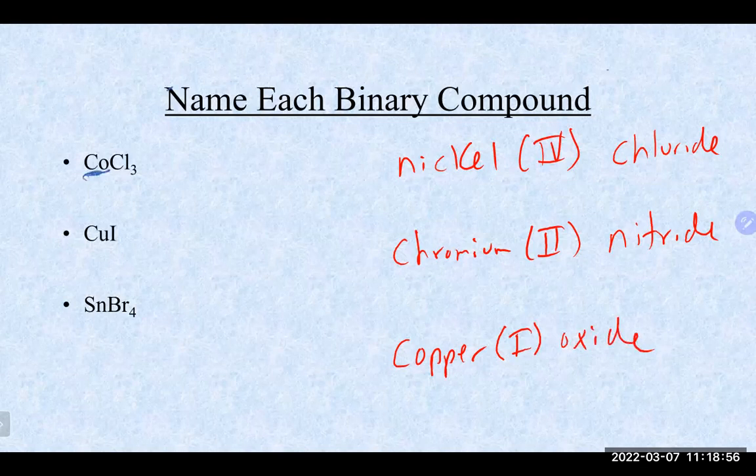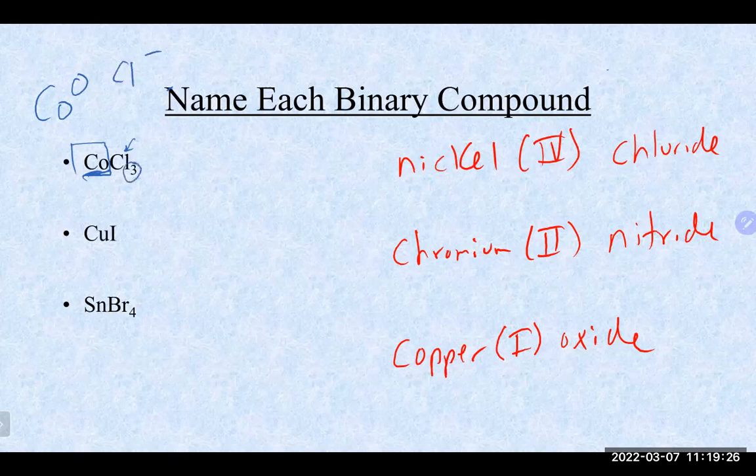All right, names on the left, formulas on the right. Co is a metal. Cl is a non-metal, which tells you it's an ionic compound. We look at Co, right there in the center of the periodic table, a transition metal. That tells us it is a type 2 compound, which means we need to figure out the charge. We may not know the charge of cobalt, but we should know that Cl is group 7 and has a -1 each.